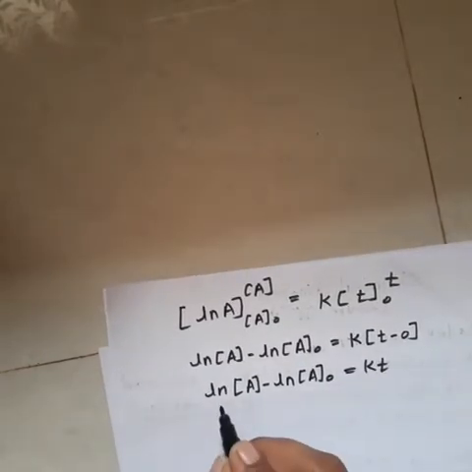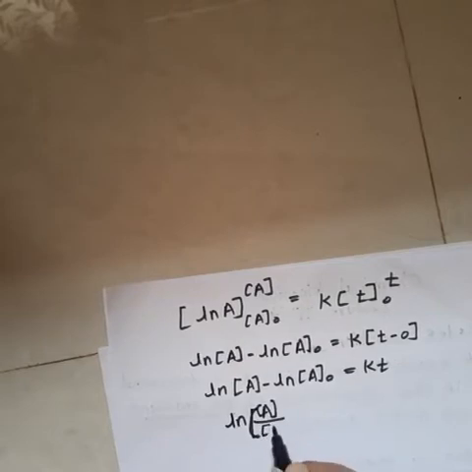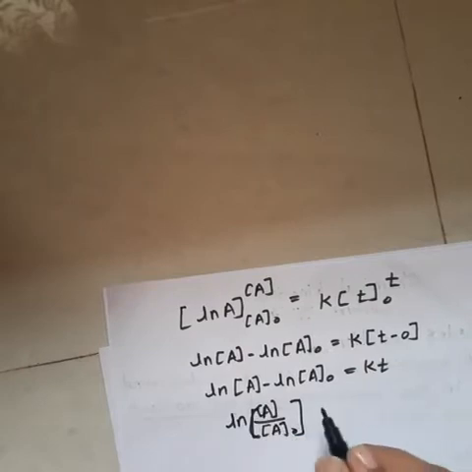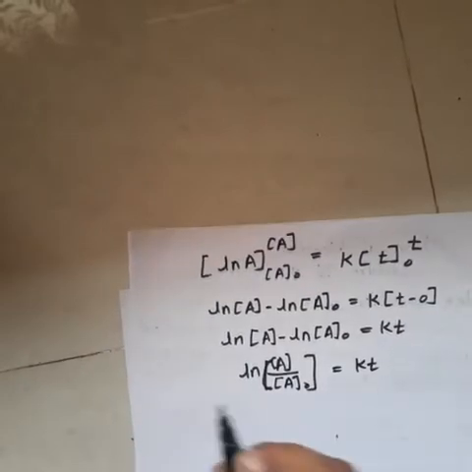We can also write this as ln of A upon A0 is equal to k into t.